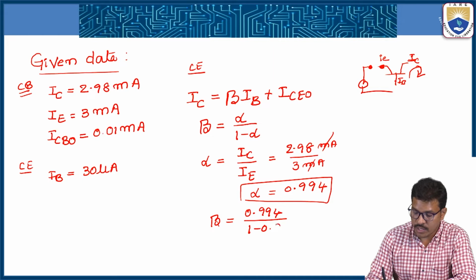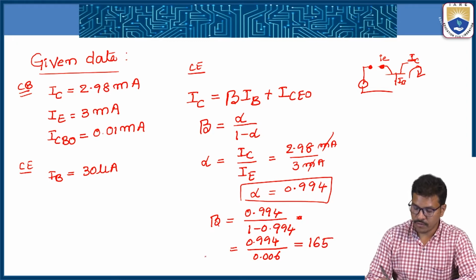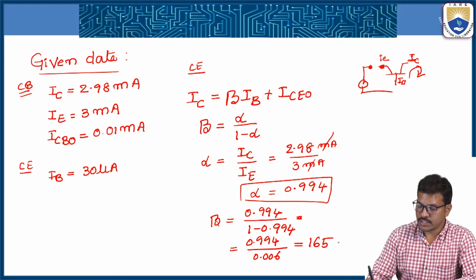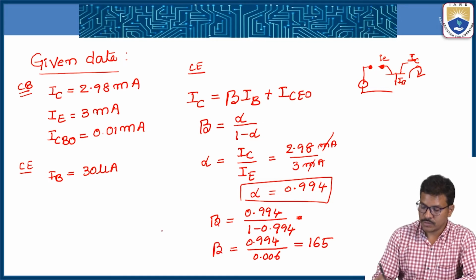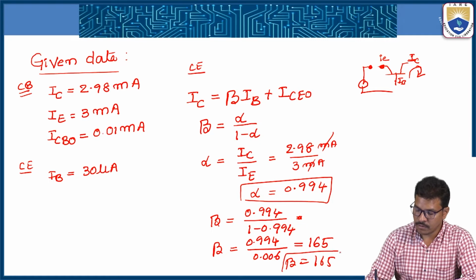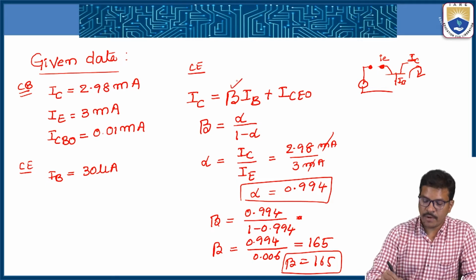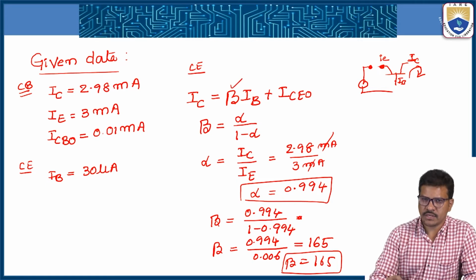So beta is 0.994 divided by 1 minus 0.994, which is 0.006, approximately equal to 165. So beta is equal to 165. This is one parameter we just found out.